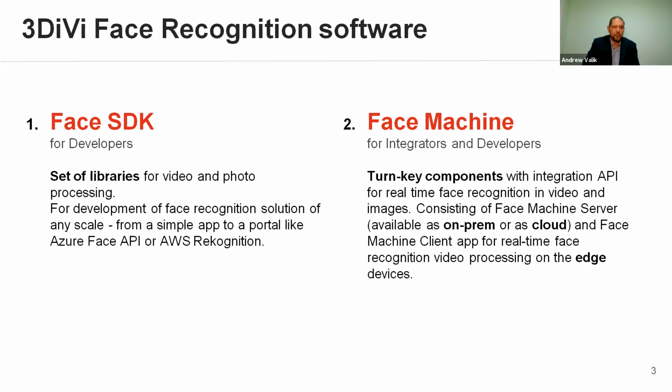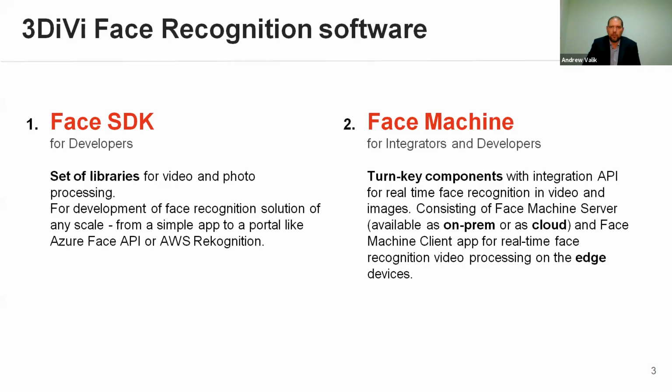These are native libraries for different operating systems and platforms for developing face recognition solutions of any scale, from a simple mobile or desktop application to a cloud service like Azure Face API or Amazon Rekognition. So if you are a developer, Face SDK is the product for you.